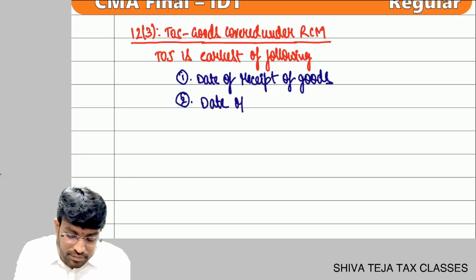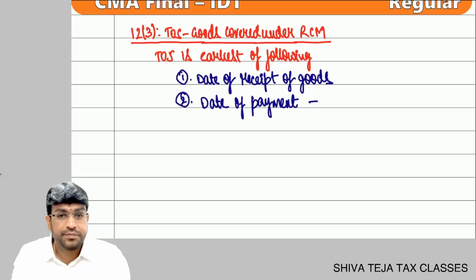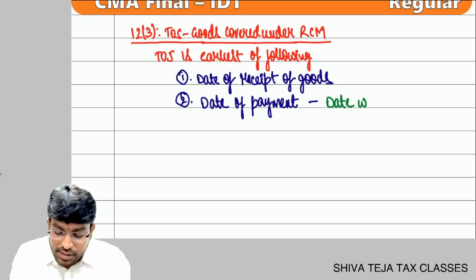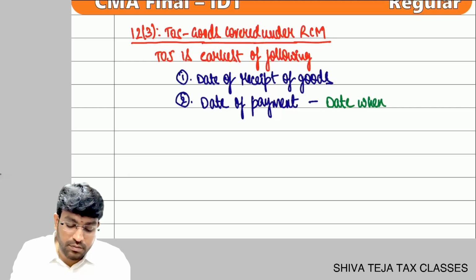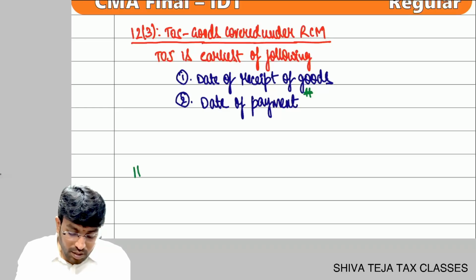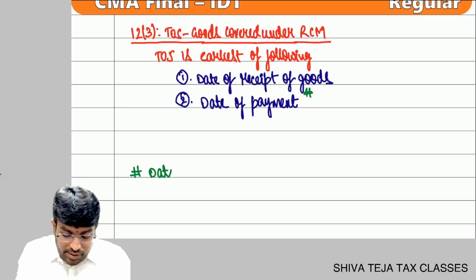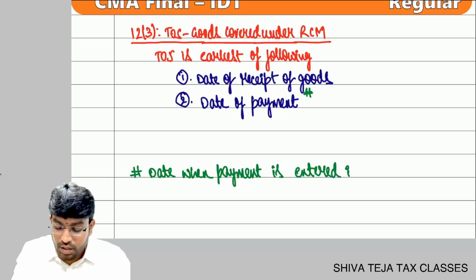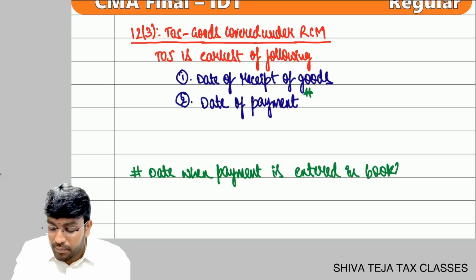Second one, date of payment. Date of what, sir? Payment. Sir, date of payment means the date when payment is entered in the books.